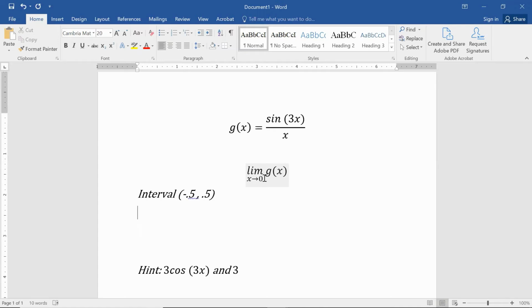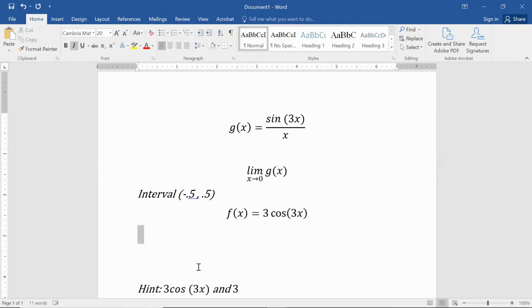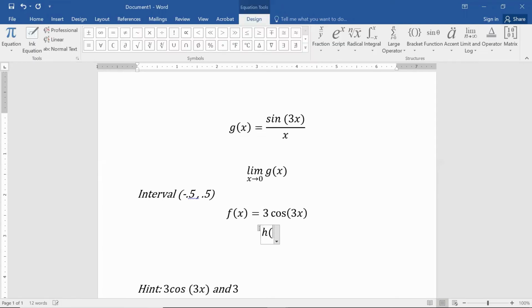I want to look at sine of 3x over x compared to these other two functions. So I'm going to set f of x equal to 3 cosine of 3x. And I am going to assign h of x to be equal to 3.